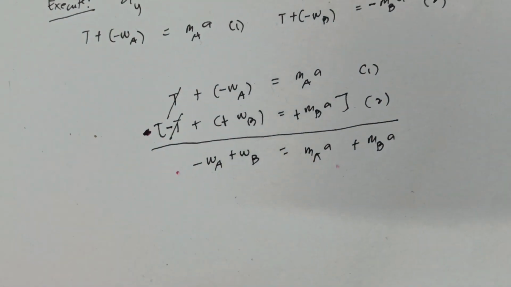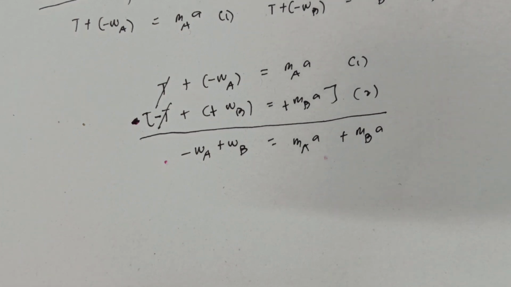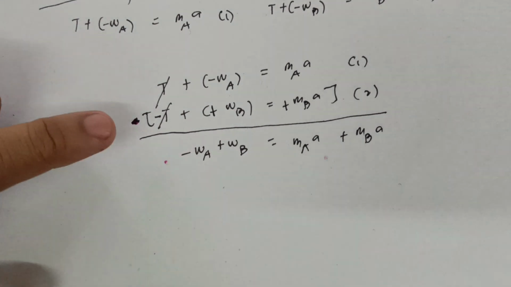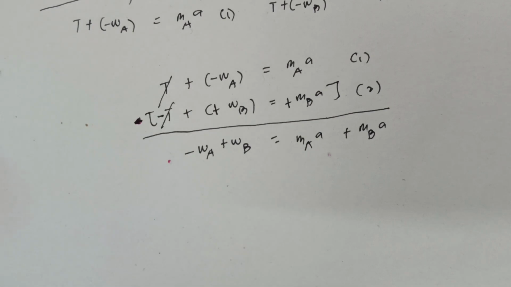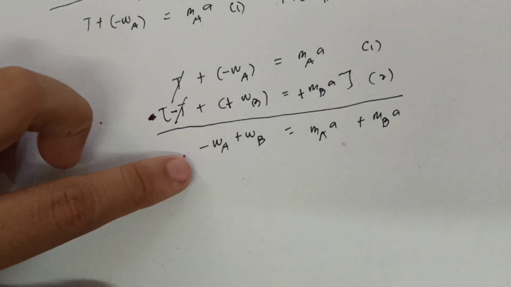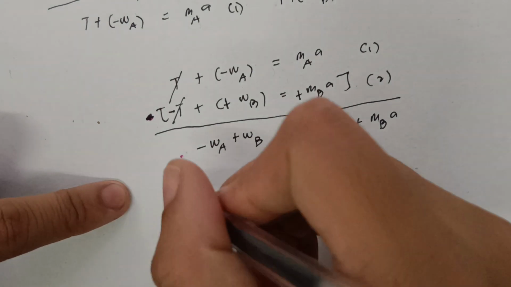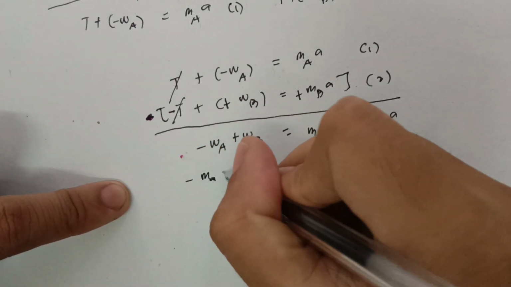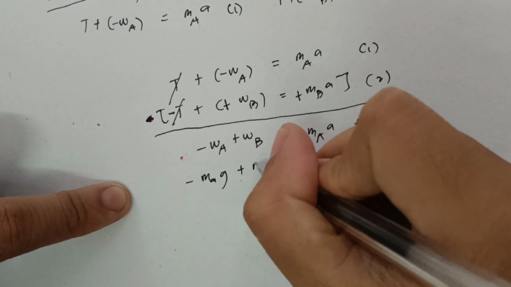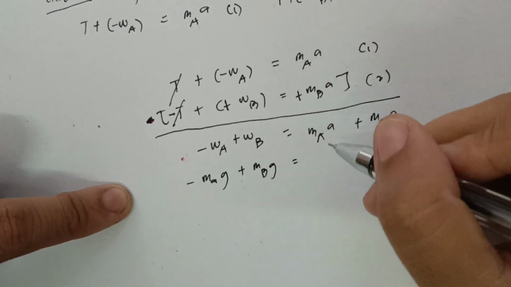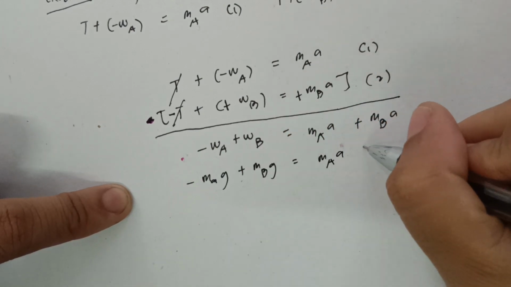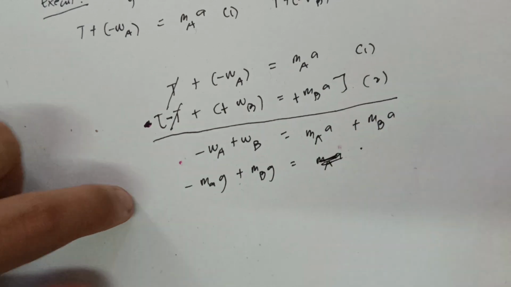Now, so we have now a new equation, no? So, ang gagawin lang natin dito, substitute lang natin yung value. So, remember, weight is mass times gravity, tama? So, this will become M sub A times gravity plus M sub B times gravity, and this M sub A acceleration. Sorry guys.